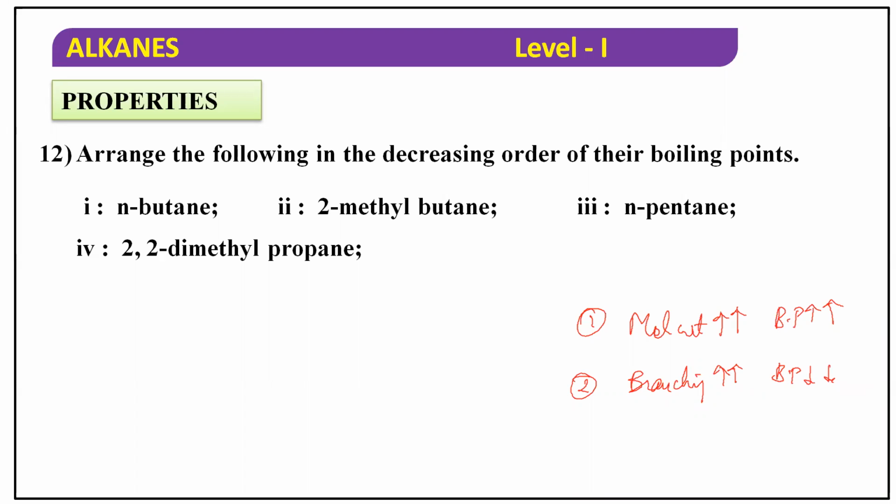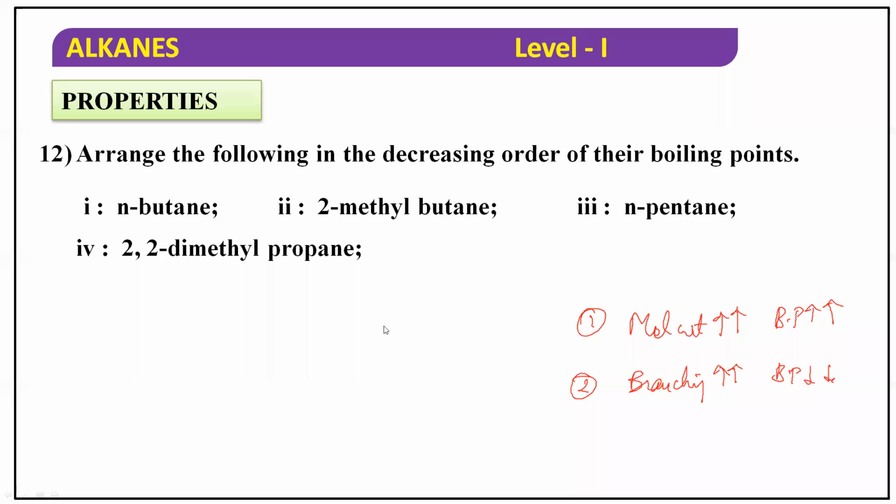If the number of carbons are different, not very nearby, somewhat more distance, then we can directly say that molecular weight increases, boiling point increases. So one of the things is we have to see the length of the carbon chain. Second thing, we have to see branching. Based on that, we have to do the decreasing order.